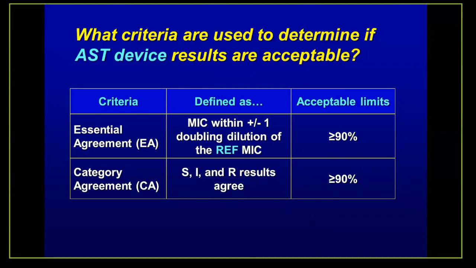We would like to see the essential agreement to be at least 90% or greater. The category agreement is defined as when our susceptible, intermediate, or resistant results agree between the test and the reference method. And we would also like to see the category agreement be at least 90% or greater.